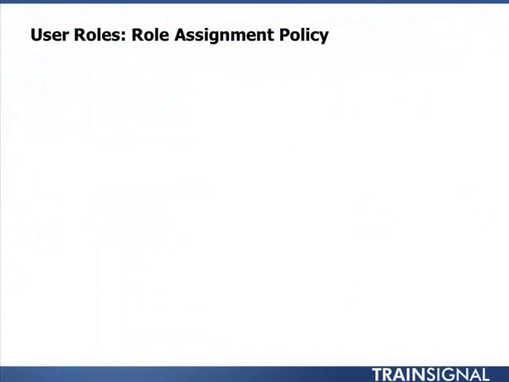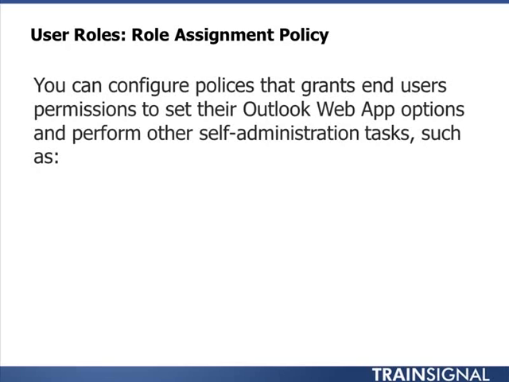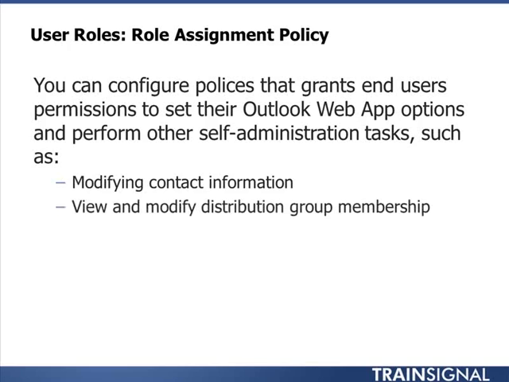In addition to admin roles, there are also user roles. And user roles are actually easier to assign, in a sense, because we use role assignment policies. You can configure policies that grant end users permissions to set their Outlook Web App options and perform other self-administration tasks, such as modifying contact information, viewing and modifying distribution group membership, and viewing and modifying marketplace apps.